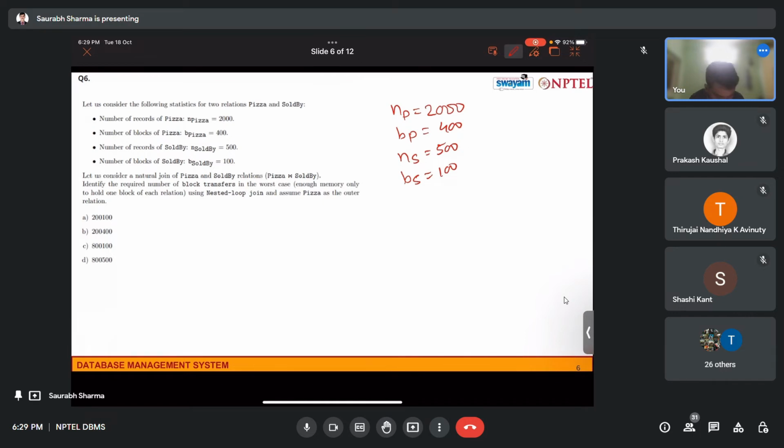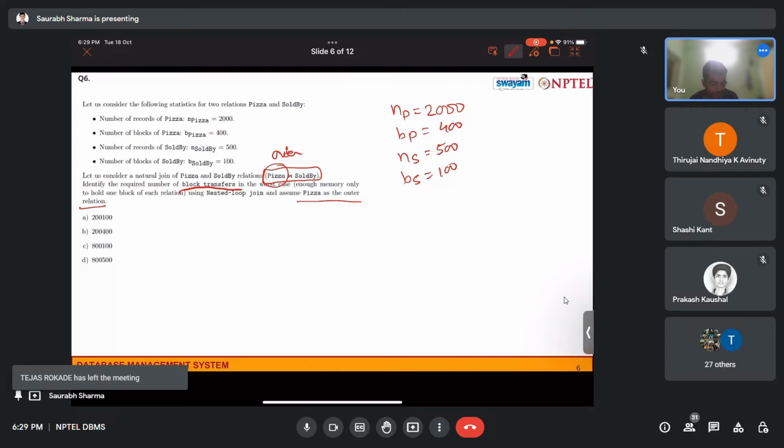We have a natural join of these and assume pizza as the outer relation. Now we have to identify the required number of block transfers in the worst case using nested loop join.